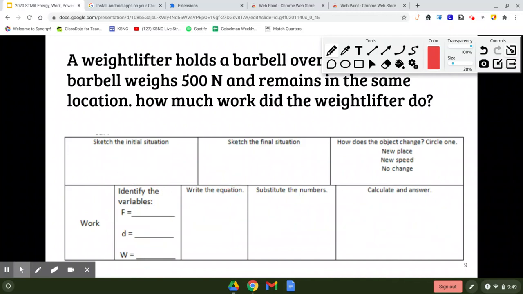So with this one, a little different scenario. We have a weightlifter. There's her barbell. Goodness, I'm having a tough time drawing with this tool. The weightlifter is holding a barbell above her head, except I can't draw that.